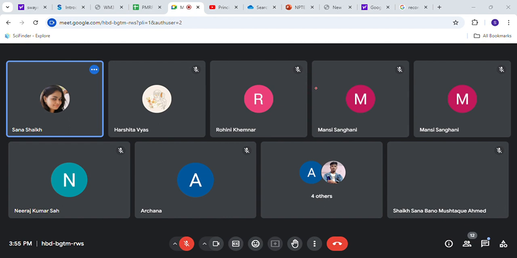Next. Okay, positive charge. This is the intermediate which will form here. Okay. Now what will happen?